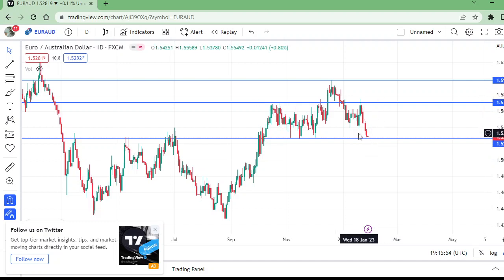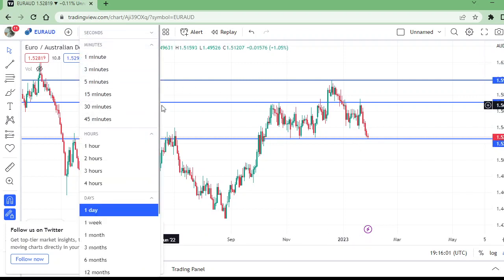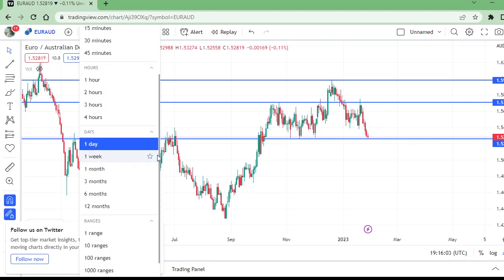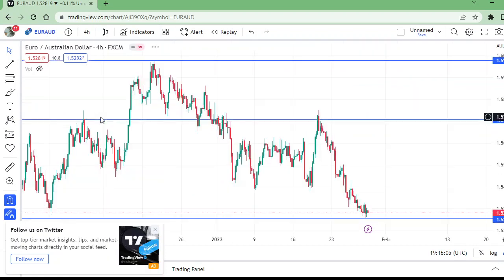Now where is the retest expected? Let us find out in the 4-hour market. This is the same level. It is high probability that the pair will go to retest somewhere here or here.